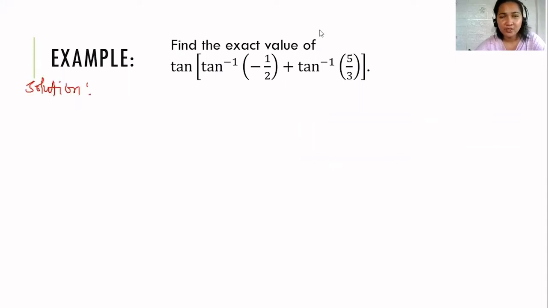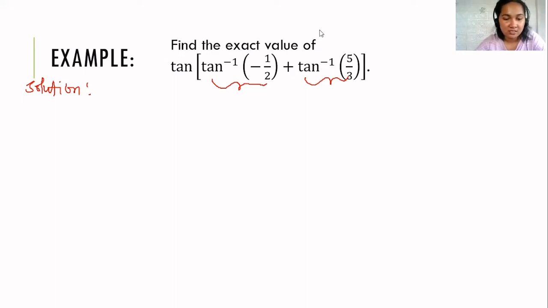If you recall our previous lesson about proving trigonometric identities, the form of this expression is the sum of two angle identities. Your alpha is the inverse tangent of negative 1/2, while your beta is the inverse tangent of 5/3.